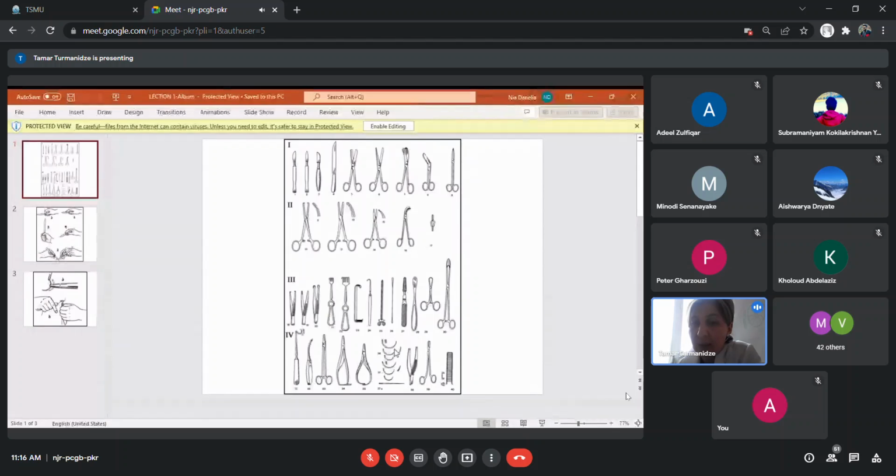A needle has two ends: the tip of the needle, and on the other side a hole where the thread is placed. The tip of the needle may be sharp or round. A round-tipped needle is an atraumatic needle, which is used for tender structures so as not to traumatize the structure.